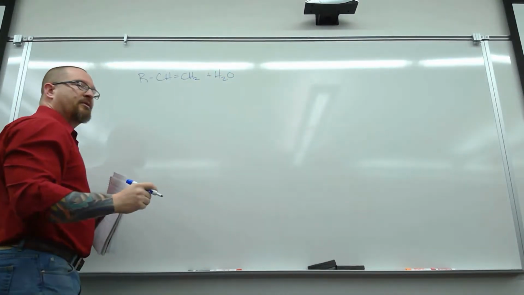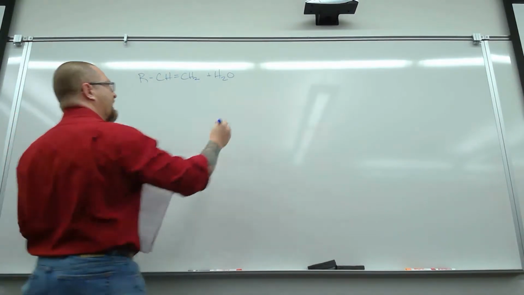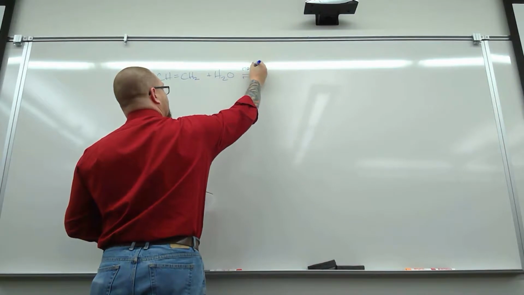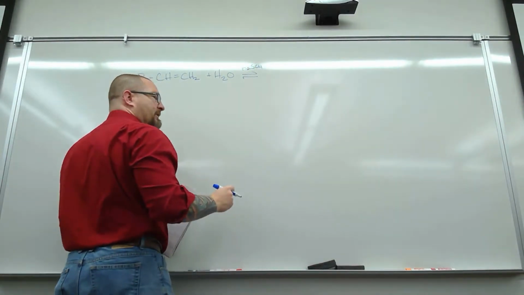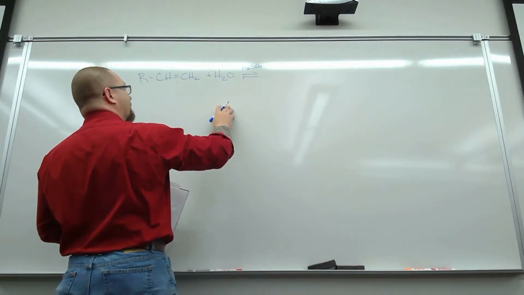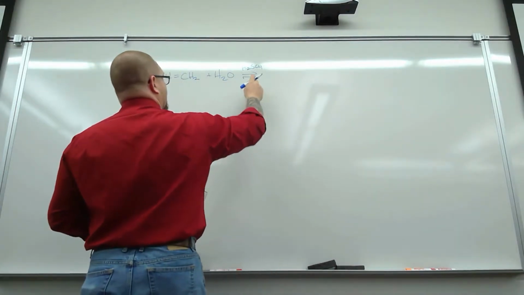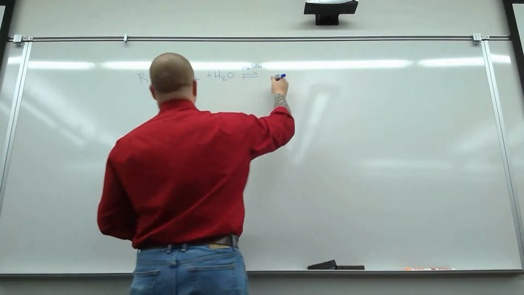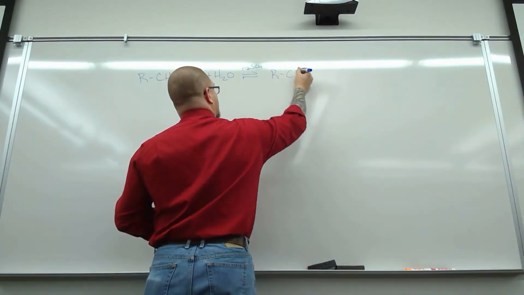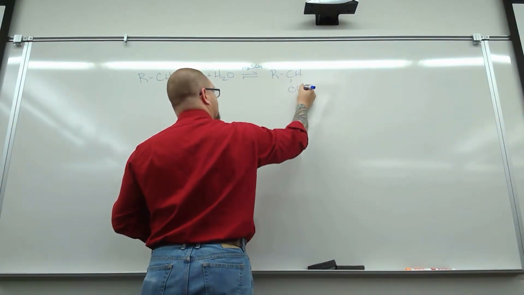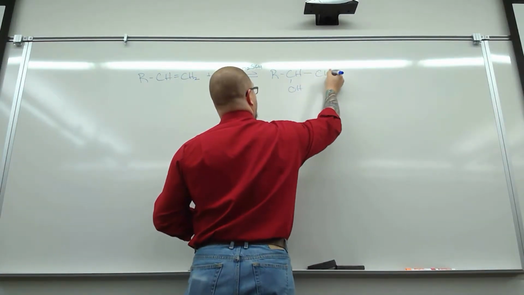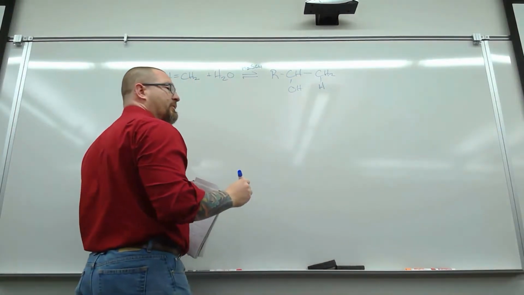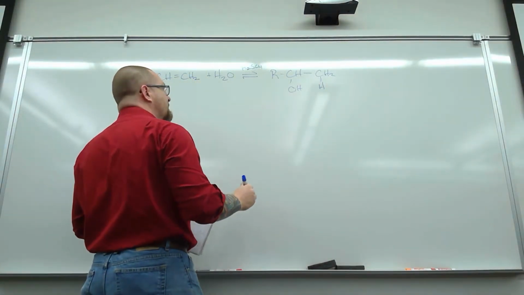Typically, water is inert because it's a poor acid, but if we add an acid catalyst in a reversible reaction, in this case sulfuric acid, a couple drops will kick this off. What we'll get is the hydroxyl group from the water adding to the more substituted carbon, and a proton adding to the less substituted carbon.